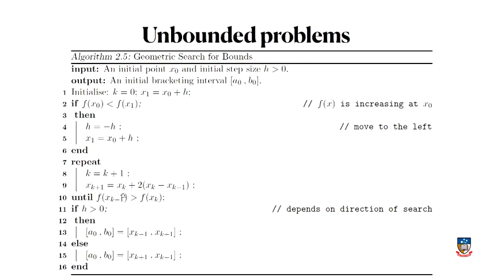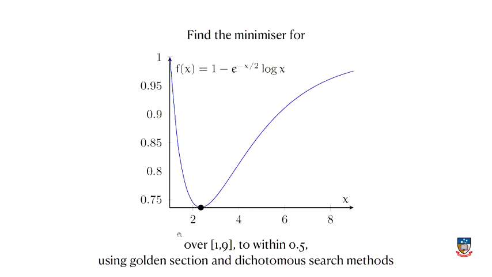If not, then just evaluate a third point, so x0, x1, and x2, where the distance between x1 and x2 is twice as large as what it was between x0 and x1, and then keep repeating that until you get a point that is higher again than the one next to it, and then you just decide what the interval is.